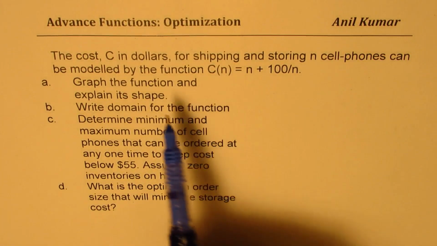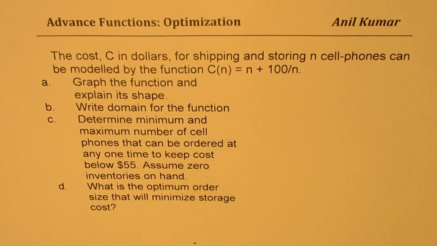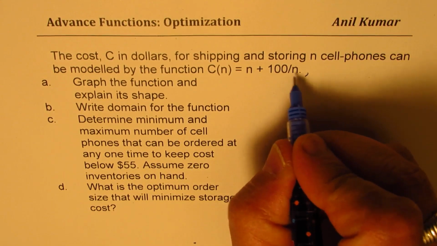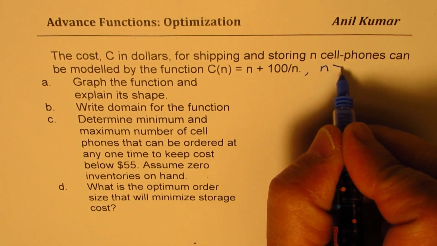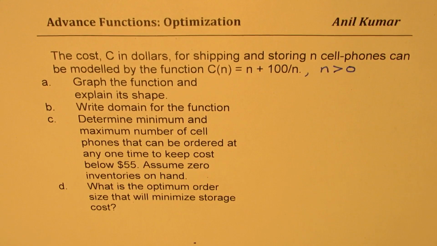So let's begin by graphing C of n equals n plus 100 over n. Now here, n has to be greater than 0. Since it is in the denominator, it cannot be 0. So n is greater than 0. We are talking about cell phones, and therefore the numbers are whole numbers, right?